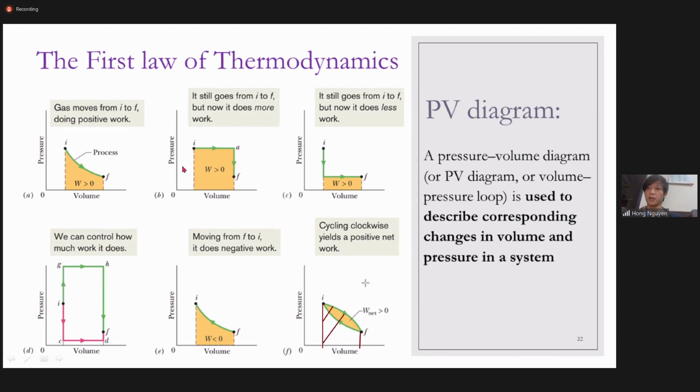Right? This is actually the work from the state I to state F. And from F to I, what do I have? I have this one. Okay, and only this one.